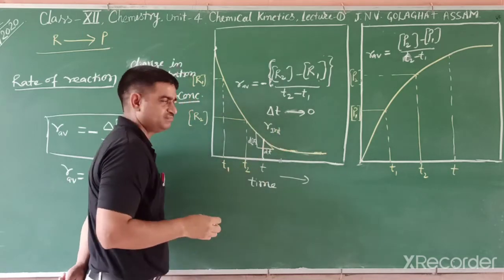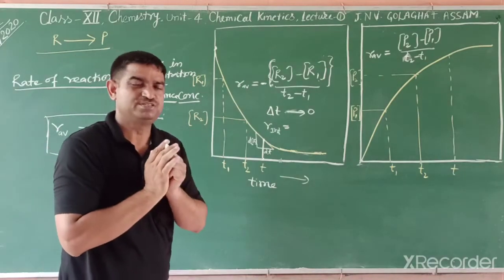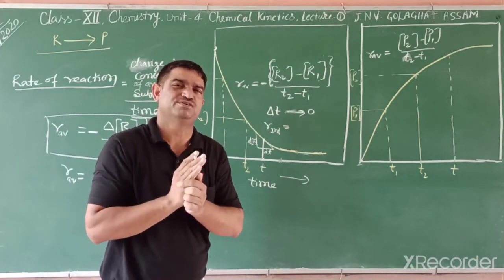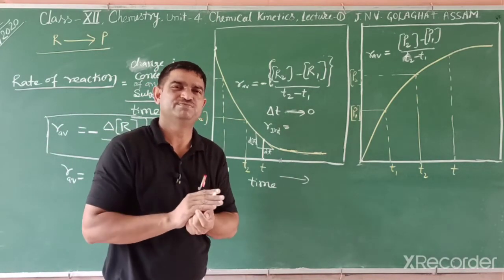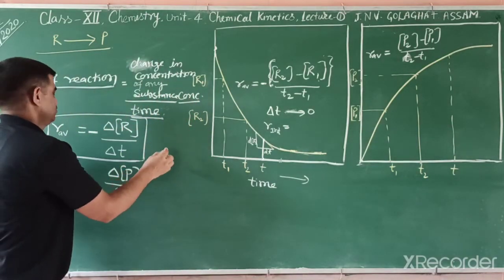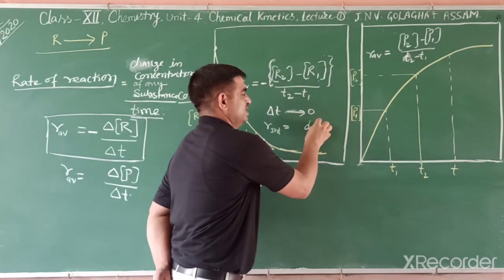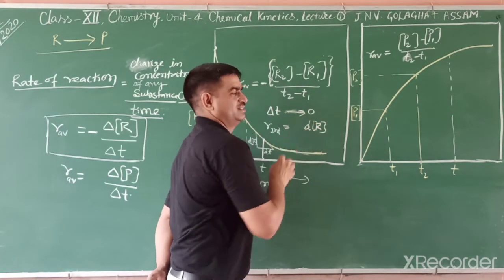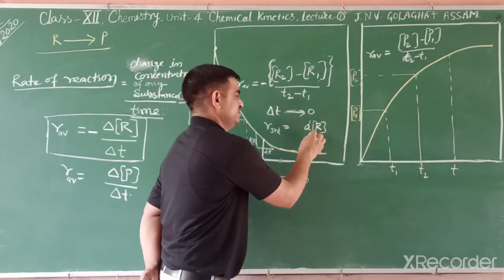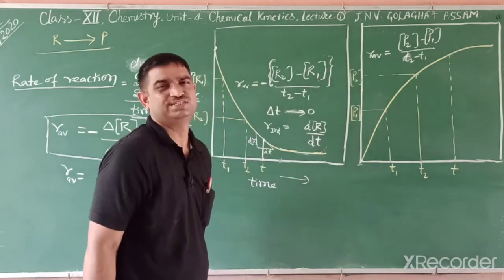The change in concentration is very small, because within a fraction of time the change is very little. So instead of delta we write a small d, small dR, a very small change in concentration, and divide by small dt, a very small change in time.